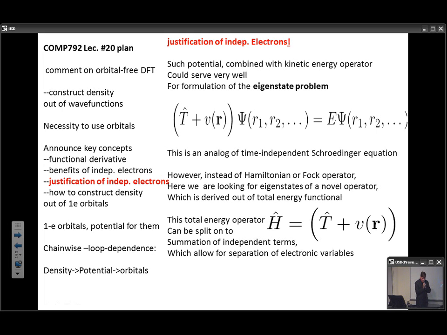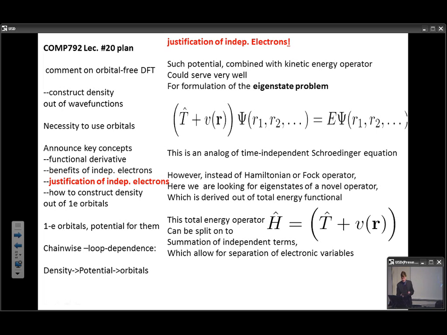If we are returning back from the language of functionals to the language of operators, then it is very tempting to write something down in terms of an eigenstate problem.